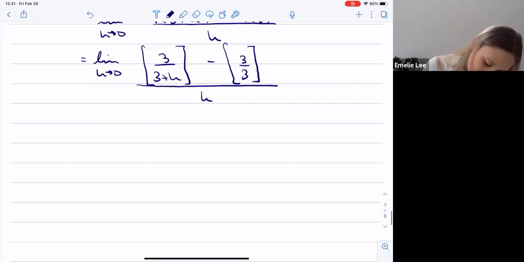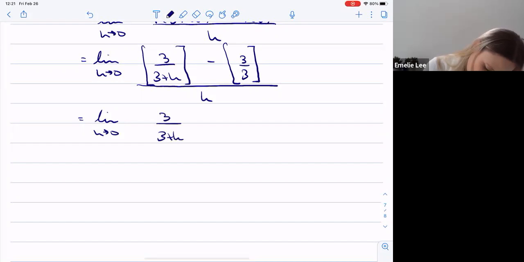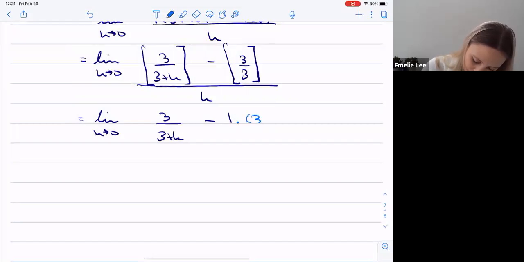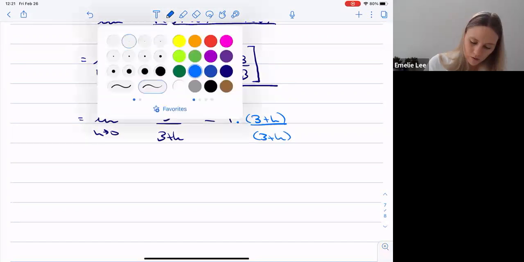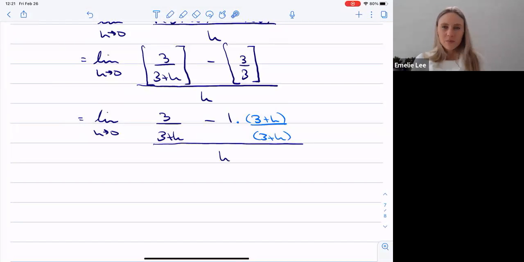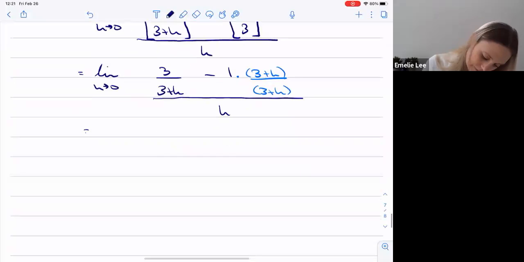So let's do that. I'm taking the limit as h goes to 0 of 3 over 3 plus h minus 1, and then I'll just show in a different color times 3 plus h over 3 plus h, all over h. Because it's been a while since we forced the common denominator, that's why I'm doing the different color. I find that it helps me see that this is a new thing that I'm introducing. You don't have to, but you do have to have a common denominator.